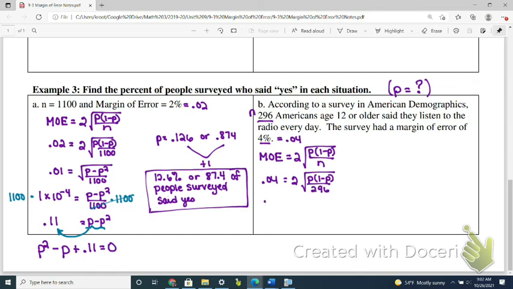Divide both sides by 2. I'm going to go ahead and multiply the top out. To undo the square root, we square both sides. Gotta move the 296 from the bottom, so I multiply both sides by 296.